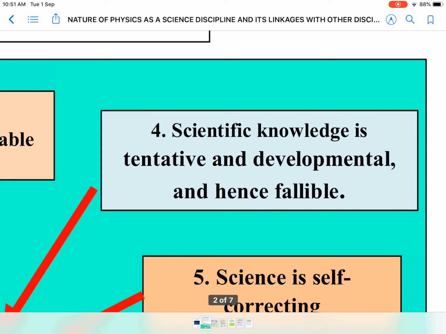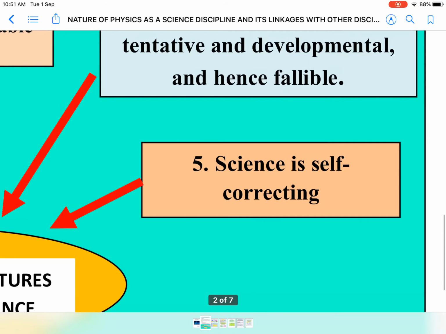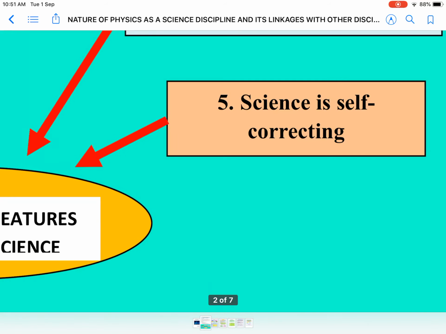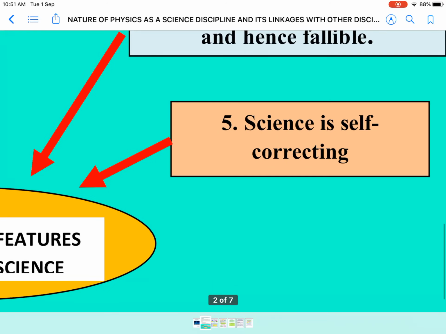So these are some practical examples in our own day-to-day life also, to understand the distinguishing features of science. The fourth one: scientific knowledge is tentative and developmental, and it is fallible. And the fifth distinguishing feature is that science is self-correcting.